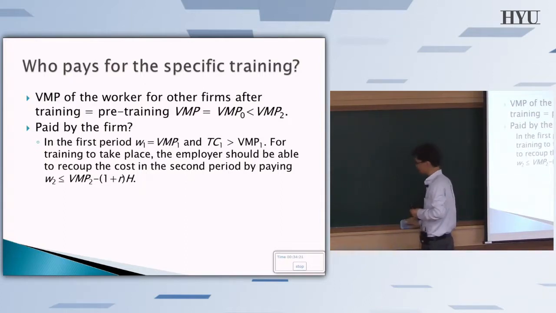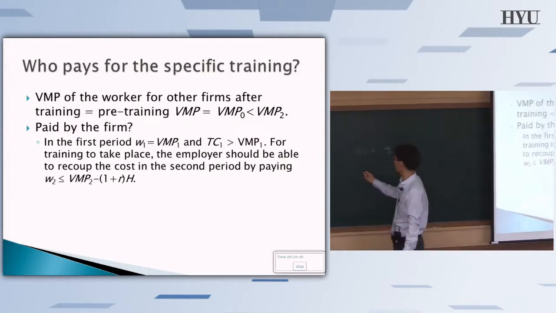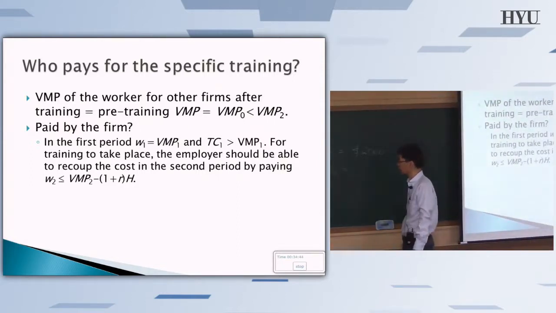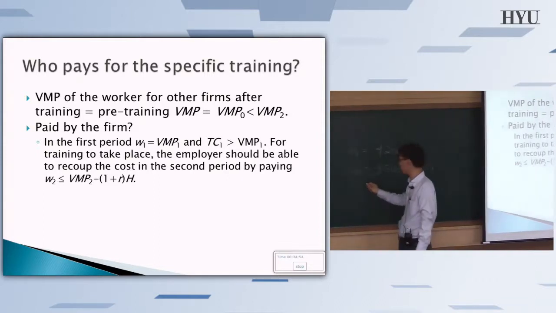So let's assume that the firm pays for everything. So that means what? W1 is equal to what? If the firm pays for the full cost of training in the first period, the wage must be how much? $2,000. Because H is not paid by the worker. And what should be the W2? Should it be $5,000 minus $1,000? Should it be 4,000?